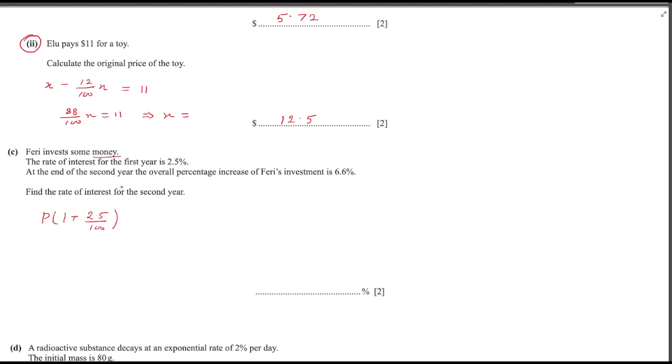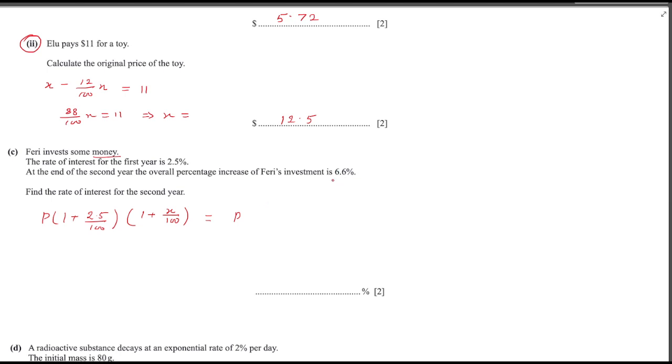Now on this, I apply again some percentage. That I don't know, so let us consider that as x. So 1 plus x divided by 100 I will apply on this whole, and this will give me P times. Now it is said that at the end of the second year, the overall percentage increase for the Ferry's investment is 6.6.